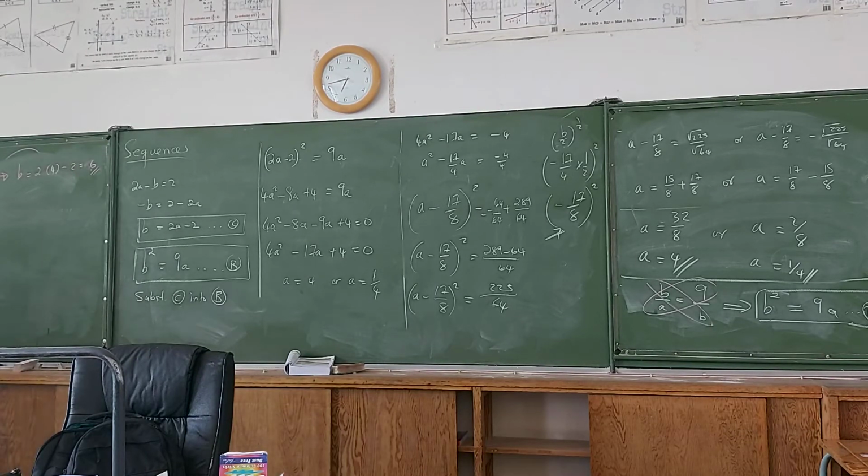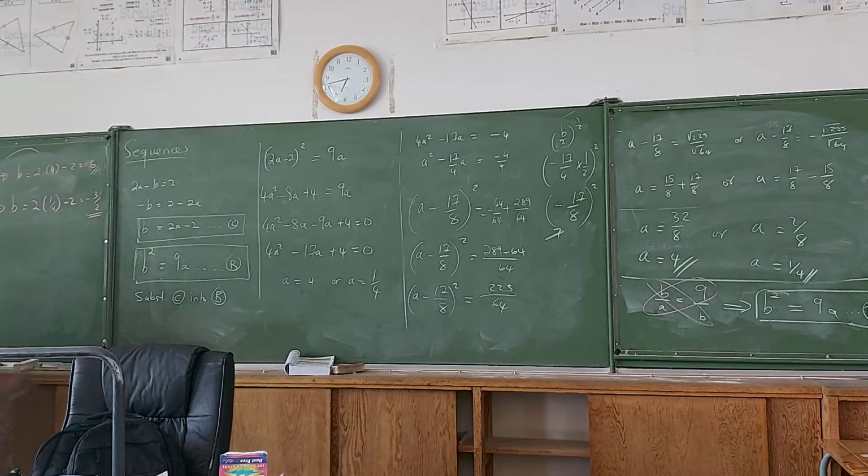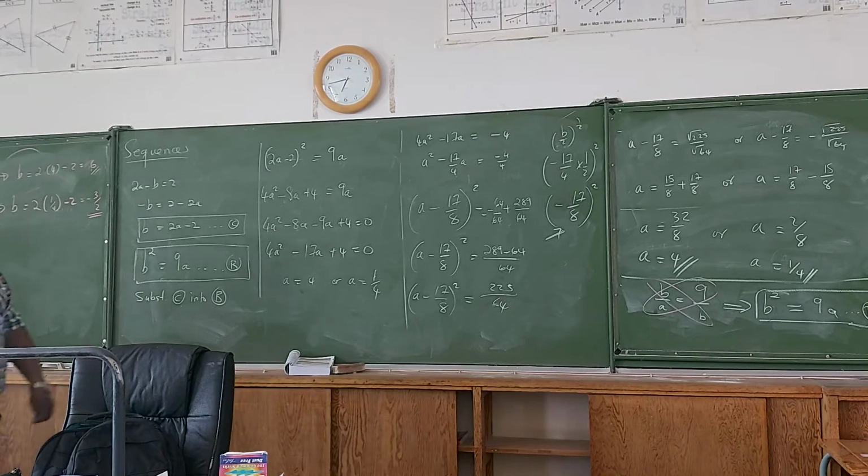Happy? If a equals 1/4, then b equals 2 minus 1/4... so we got 1/4 here, negative 3/2. Those are the solutions.